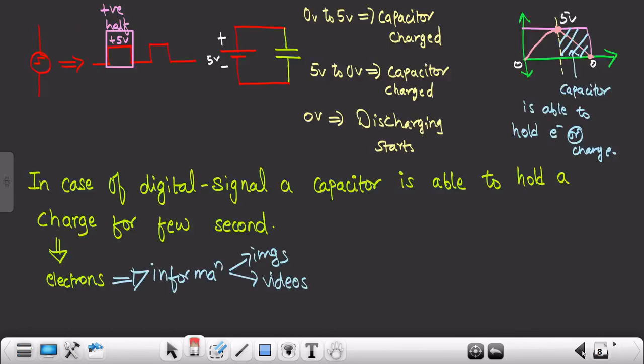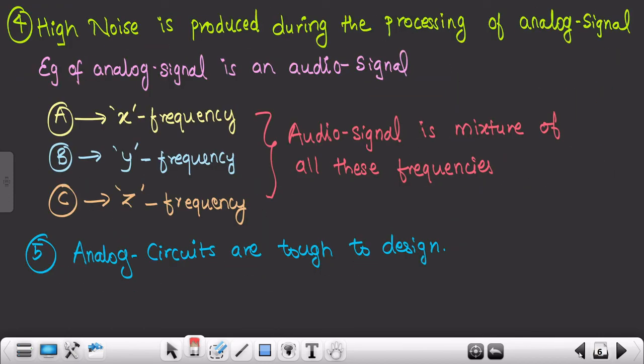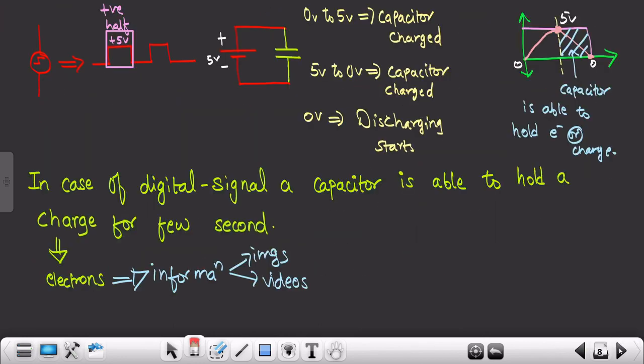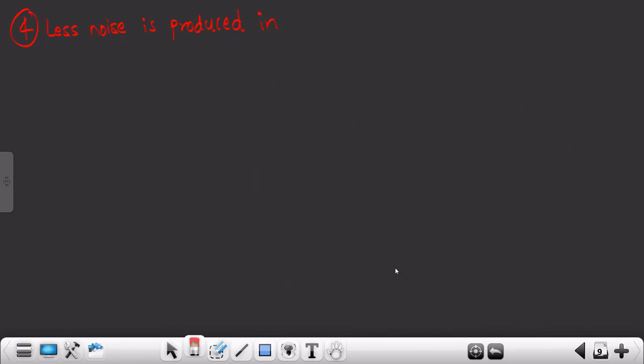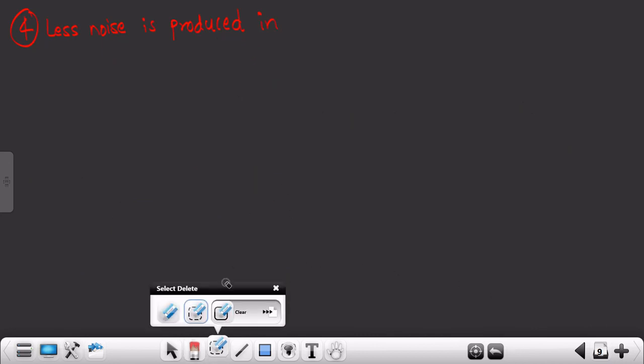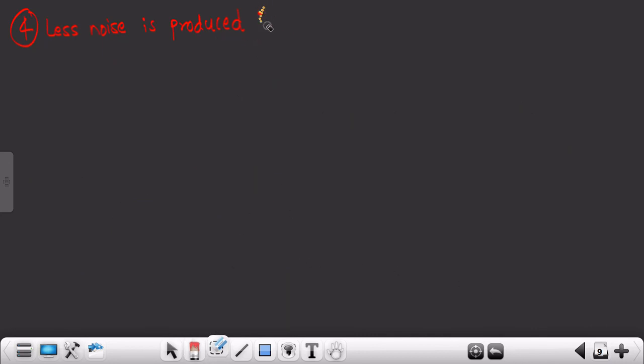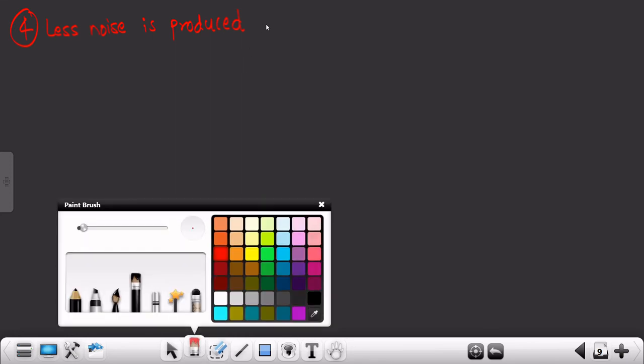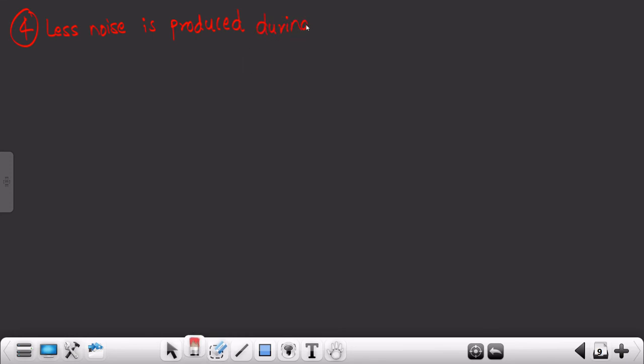I will write as it is: less noise is produced during the processing of digital signal. I hope you are understanding this particular point.